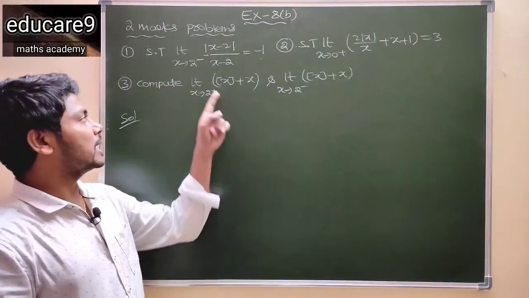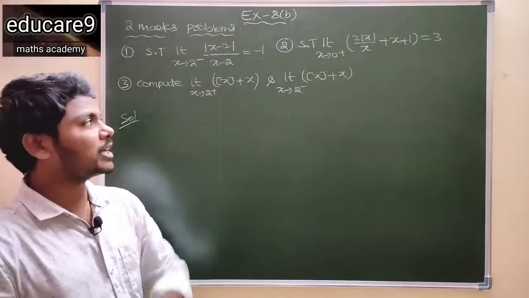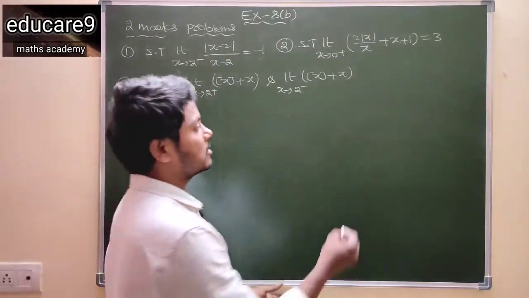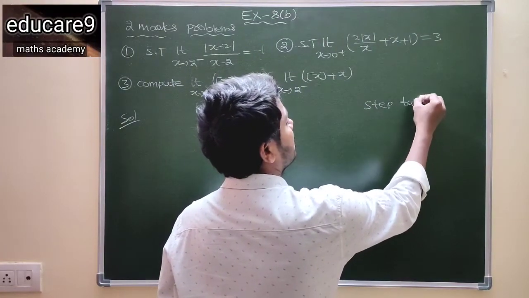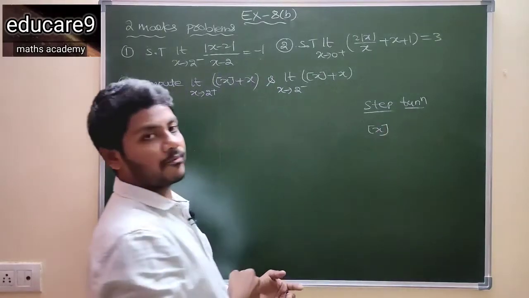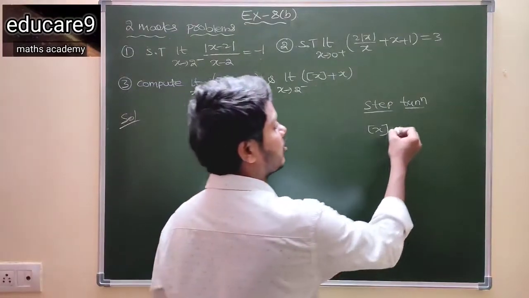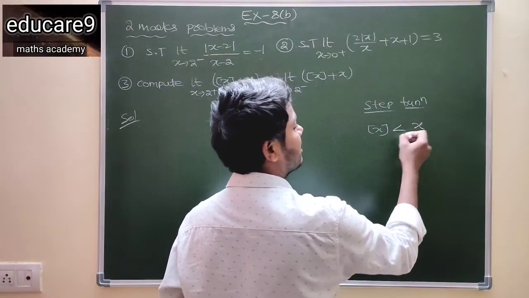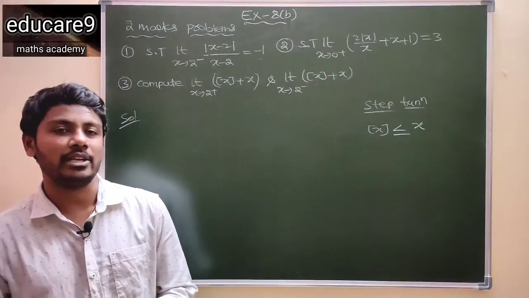So see here, third one: limit x tends to 2 plus step x plus x. But what is meant by step function? So what is called a step function? Its values are less than or equal to x, either less than x or equal to x, based on the x values.